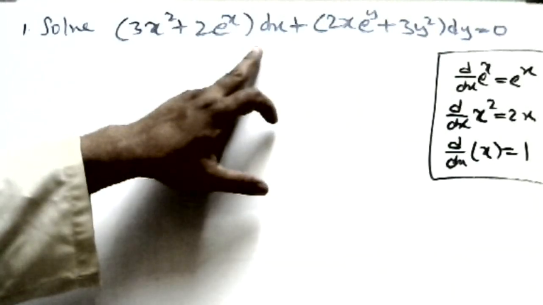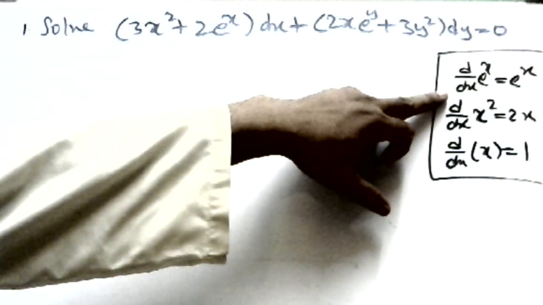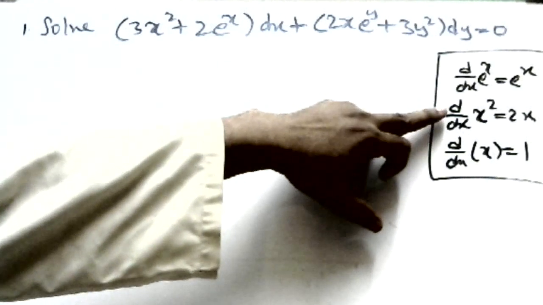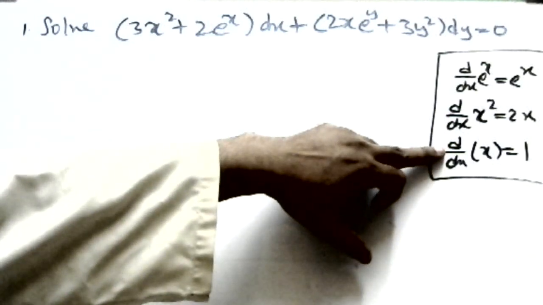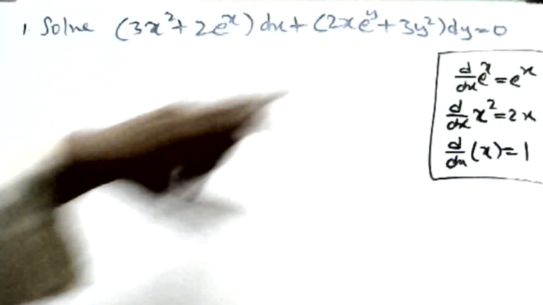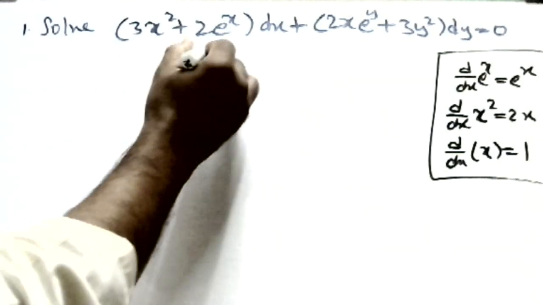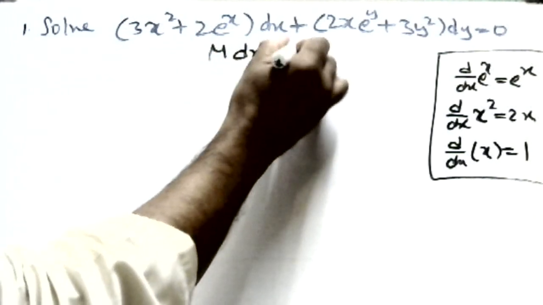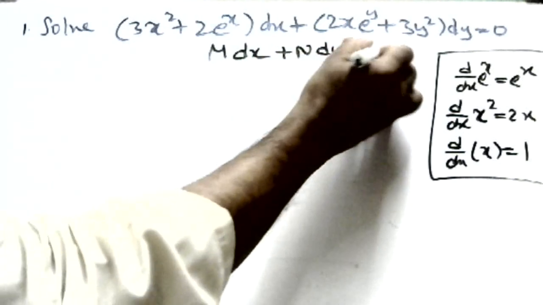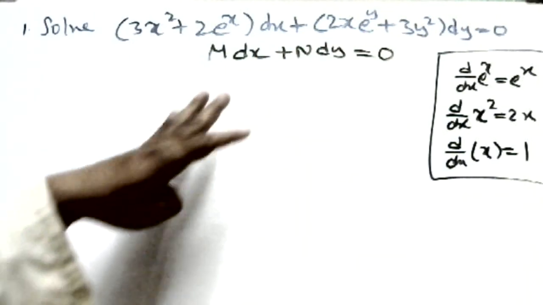Now see here, I have written one question on the board. d/dx of e power x equals e power x, d/dx of x square is 2x, d/dx of x is 1. These are the formulas we are going to use here. First, compare this with the general equation M dx plus N dy equals 0.